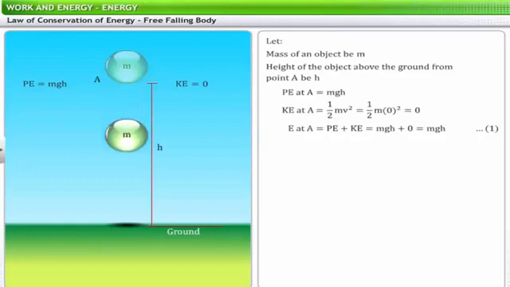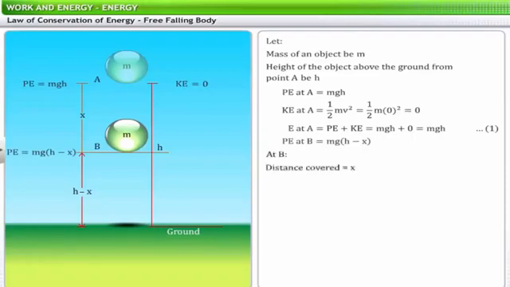When the body is falling down, consider a point B at a distance x from A, the initial rest position. Here, the height of body becomes the difference between h and x, and we get the potential energy as mg multiplied by h minus x. At point B, the body has covered a distance x.